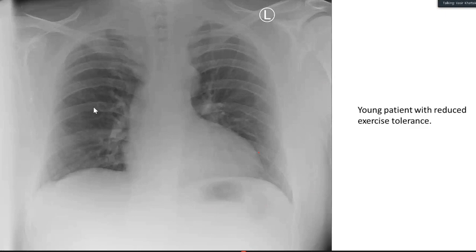If you pick up this rib notching in conjunction with this aortic indentation, or figure of 3 sign, and then correlate it with the reduced exercise tolerance, you would come straight to the point that this is a case of coarctation of aorta.